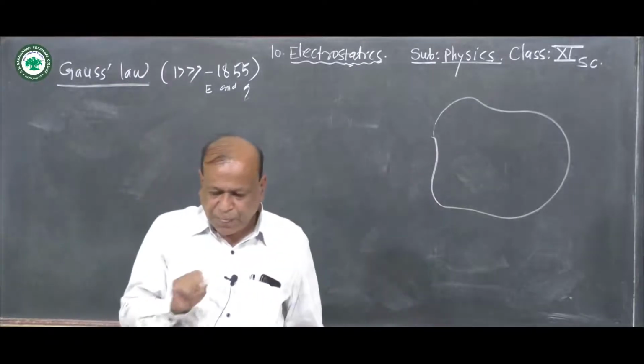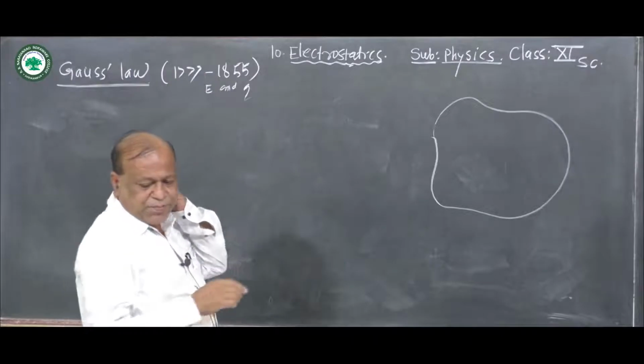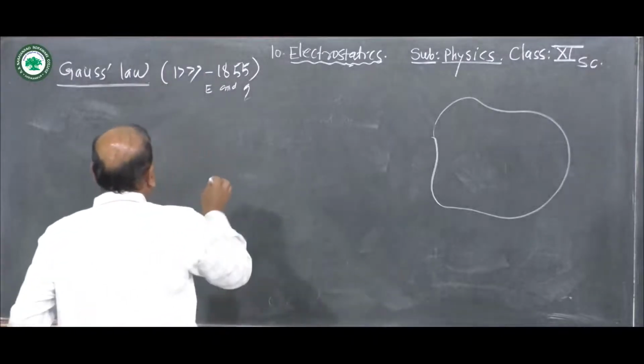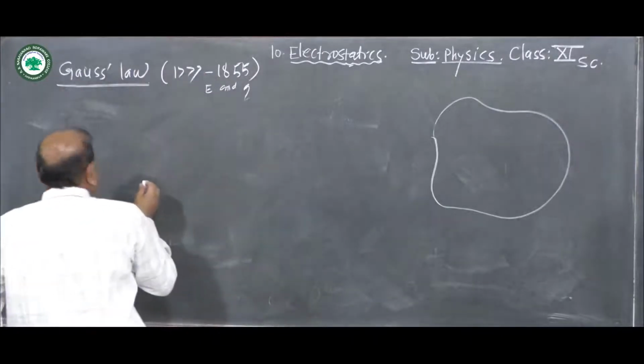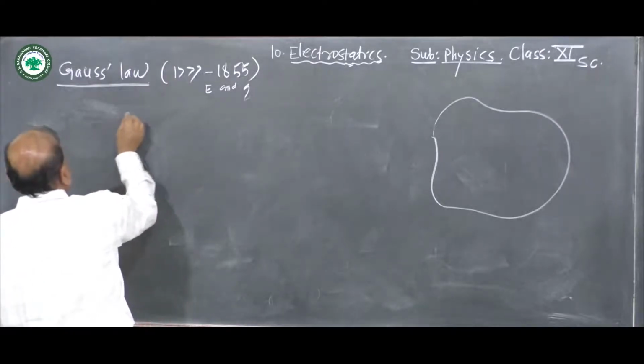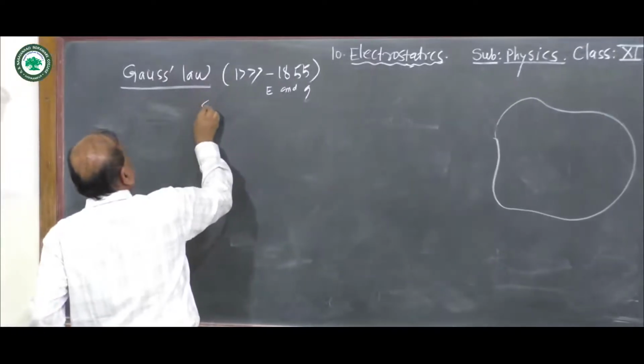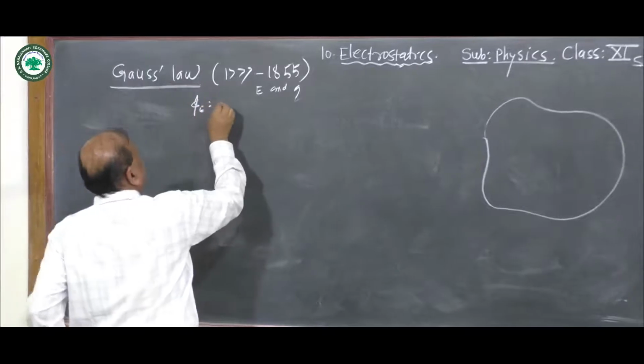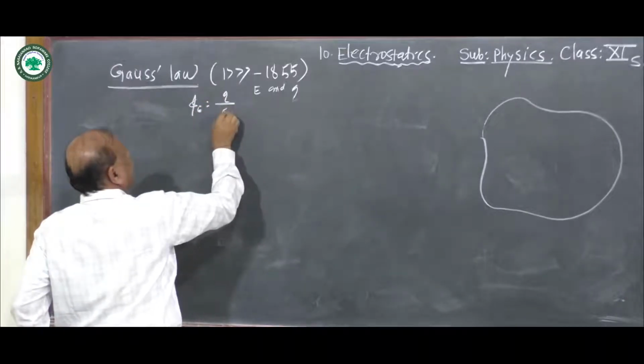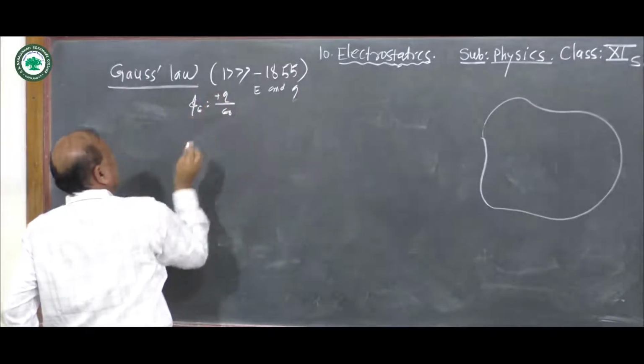Now see the proof of Gauss theorem. Mathematically, the statement is phi E is equal to Q upon epsilon 0.